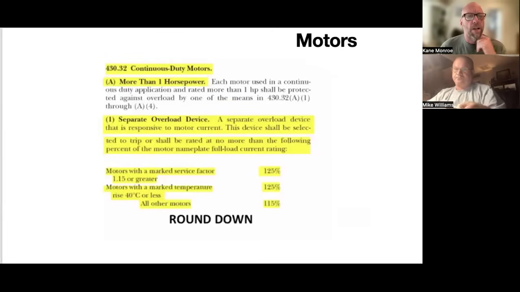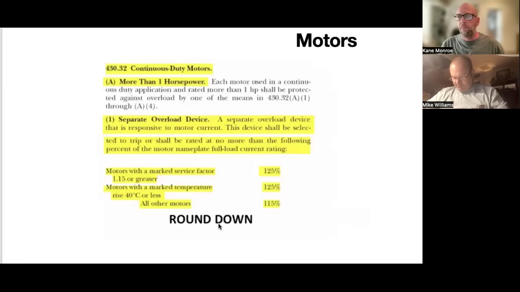So if you go to 430.32, number 1, this is the percentage of how you set your overload protection, and it's based off of your FLA. And what I really got to stress is this right here: round down. Make yourself a little note in your book to round down. Don't round up, round down.